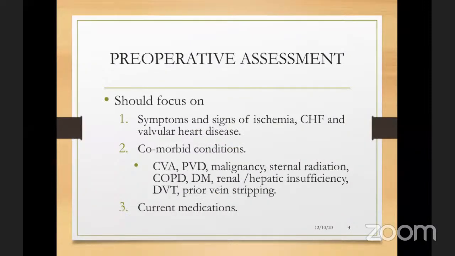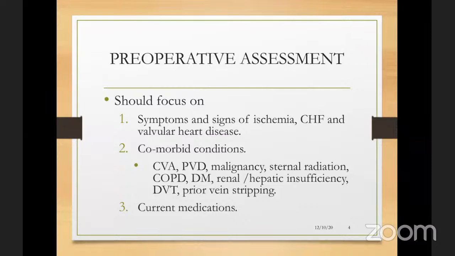Pre-operative assessment is crucial in any surgical specialty, and it should focus on symptoms and signs of ischemia, congestive heart failure, and valvular heart disease. It should also check for any comorbid conditions like CVAs, peripheral vascular disease, malignancy, history of sternal radiation, COPD, diabetes, renal or hepatic insufficiency, prior DVT or history of vein stripping.